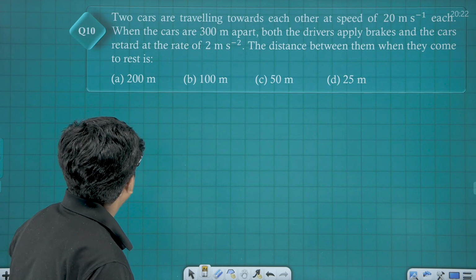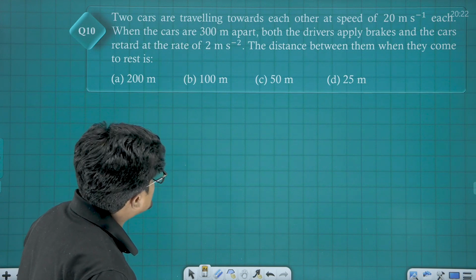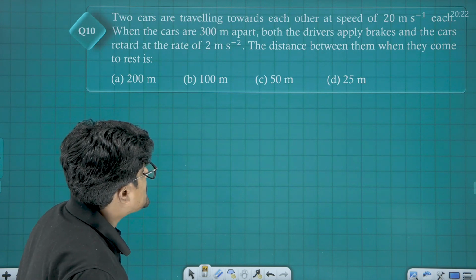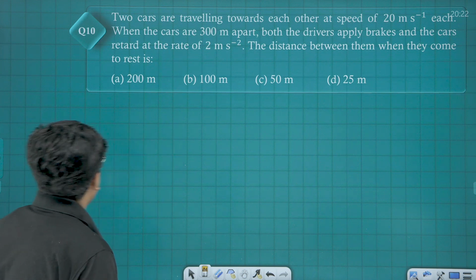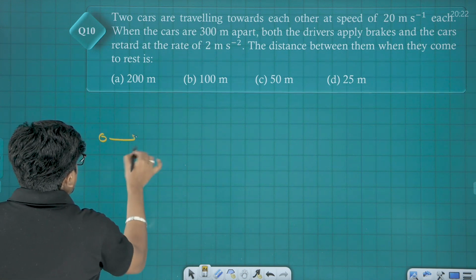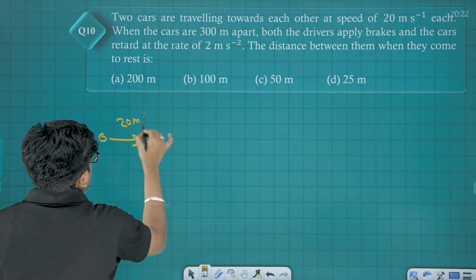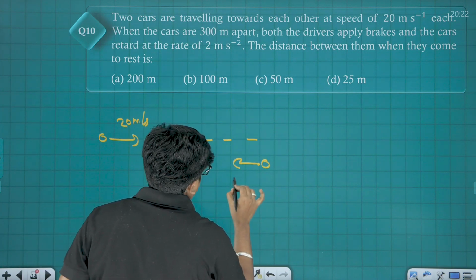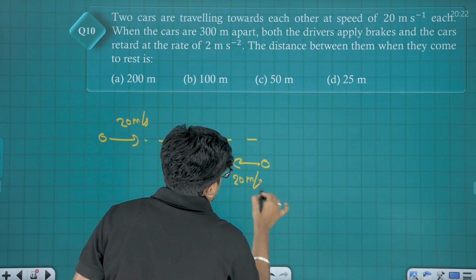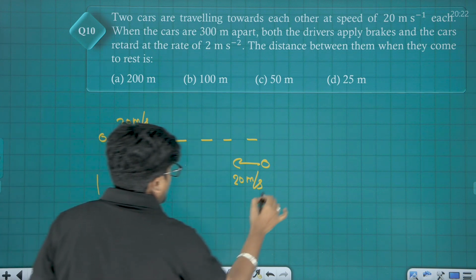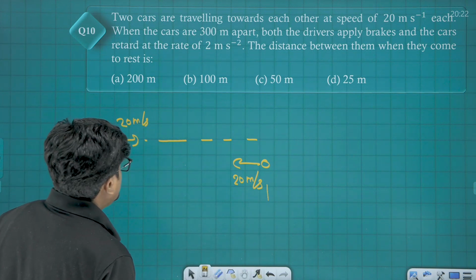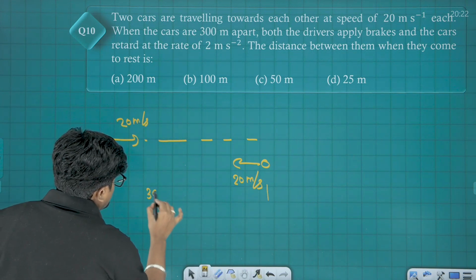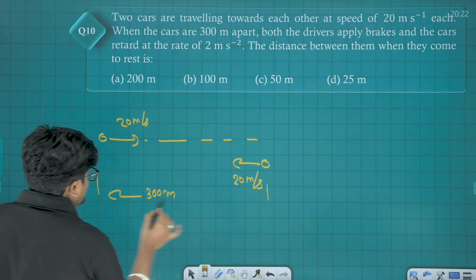Question number 10 says, two cars are traveling towards each other at a speed of 20 meter per second. Car number 1 is traveling with the speed of 20 meter per second, and car number 2, let it travel on some other track, is also coming with the speed of 20 meter per second, and their initial distance of separation is 300 meter.